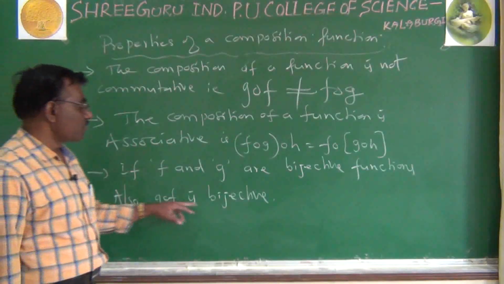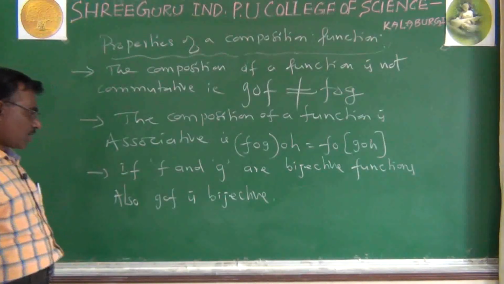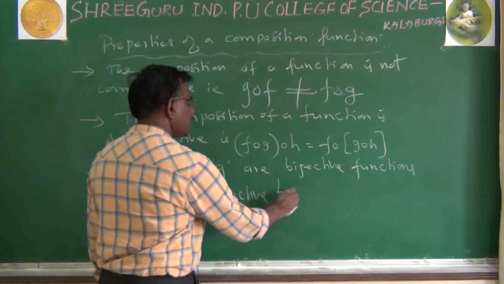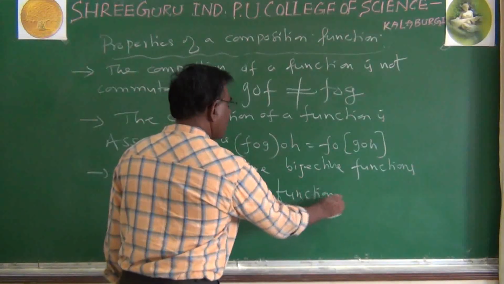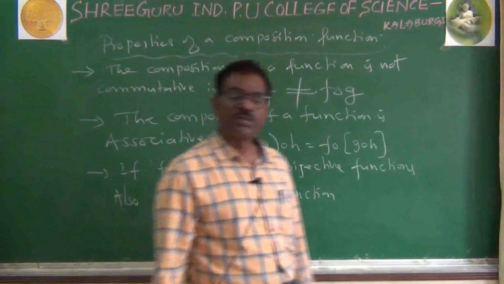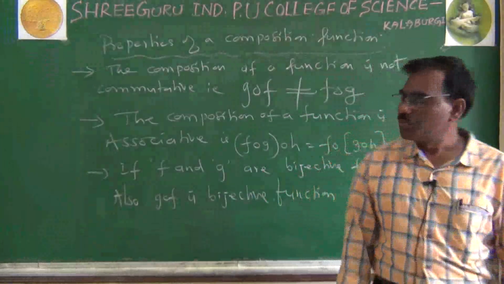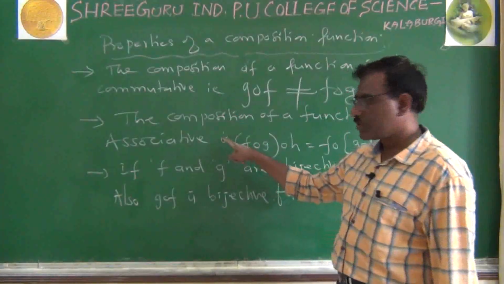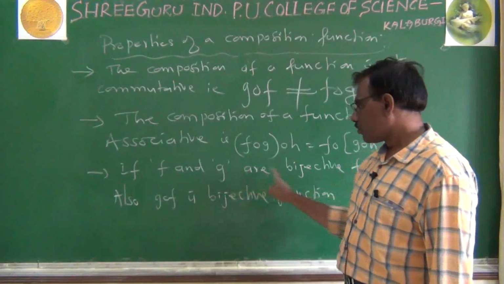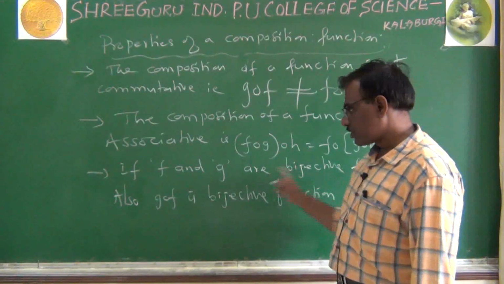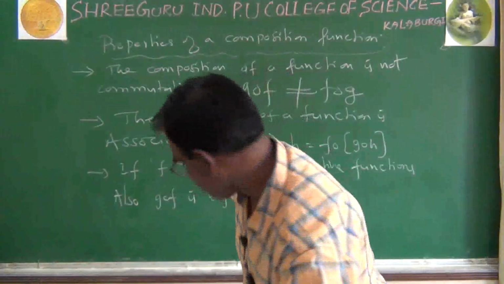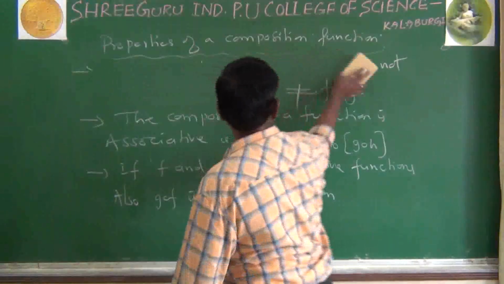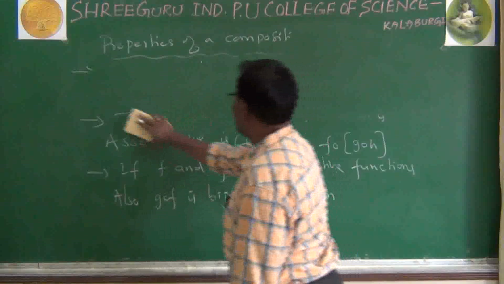Both F and G are bijective functions, the composition is also bijective. This is an important one. Both F and G are bijective functions, the composition is also bijective. These are most important.